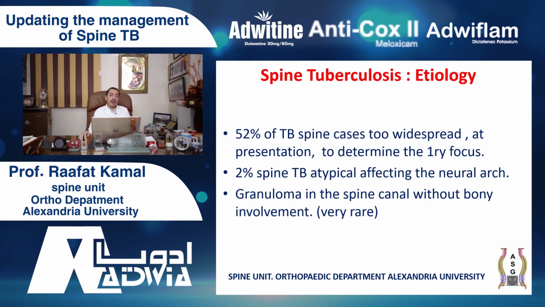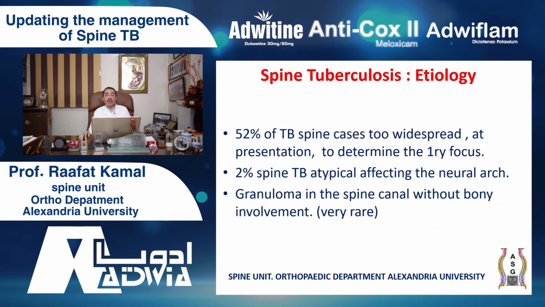Also, 2% of the spinal tuberculosis are atypical. And by atypical tuberculosis, we mean the tuberculosis which affects the neural arch. Neural arch means the spinous process or the lamina. This is very rare.